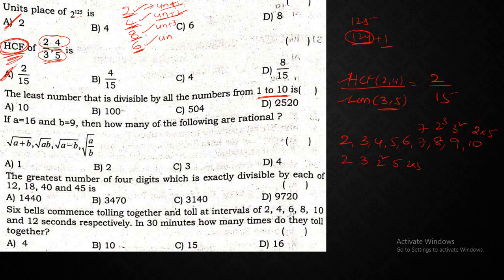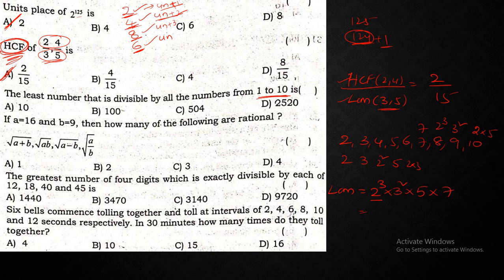Based on this, if I take LCM, LCM means nothing but the highest powers, no? What is the highest power among 2, 2 square and 2 cube? It is 2 cube. Next 3, 3 square, so it is 3 square. Next 5, you have only 5. Next 7, there is no other prime number.